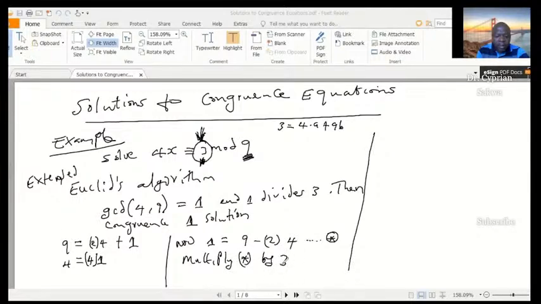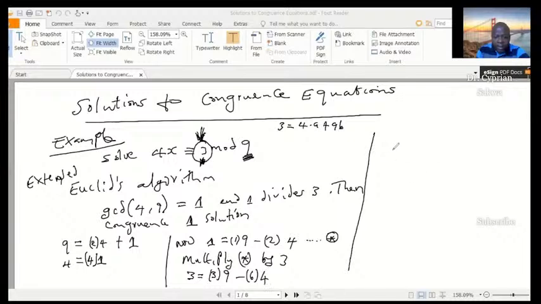So if I multiply star by 3, then 3 is equal to 3 times 9 minus 3 times 2, which is 6, times 4. So this is what I wanted, that the coefficient here will be the solution we are looking for.